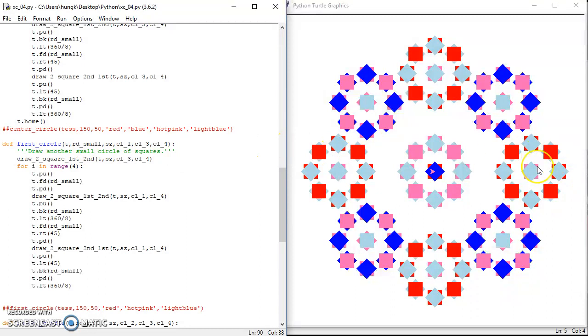So they don't include the blue one, so we take out the CL2, and the first circle only includes the CL1, CL3, and CL4 with the radius small size and the total T. So just roll the same thing, draw the first to the second with the color change from 1, 2 to 3, 4 right here, and then just roll the same thing like we did for the center circle, and then just change the color.